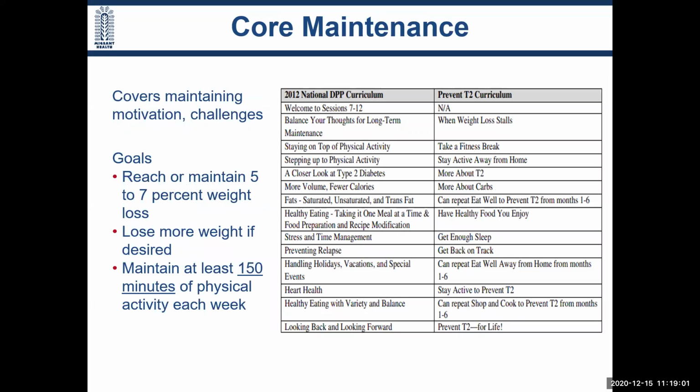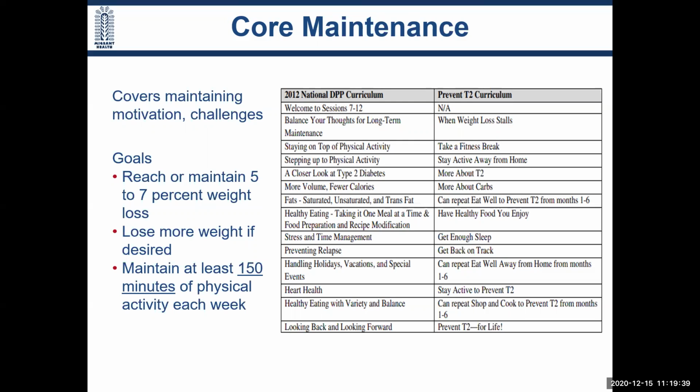The core maintenance phase focuses more on the challenges that can occur with weight loss and activity, maintaining that, and overcoming those challenges. Again, if you look over to the right, under the PreventT2 curriculum, there are topics like staying active when away from home, eating well when away from home, and getting back on track when weight loss or activity gets off track.